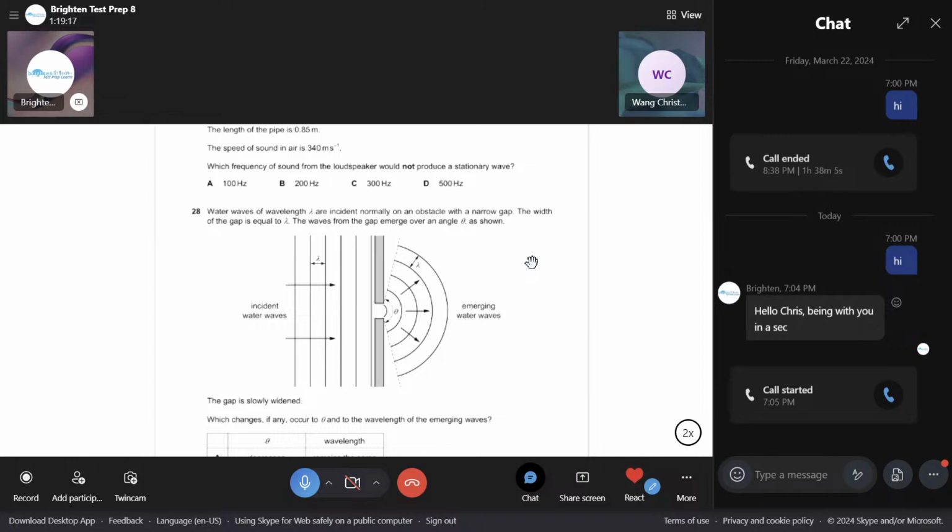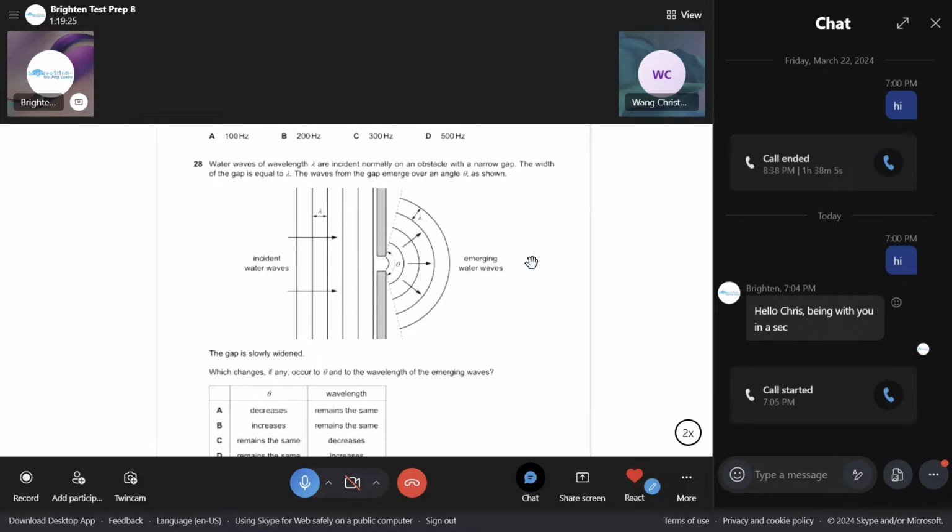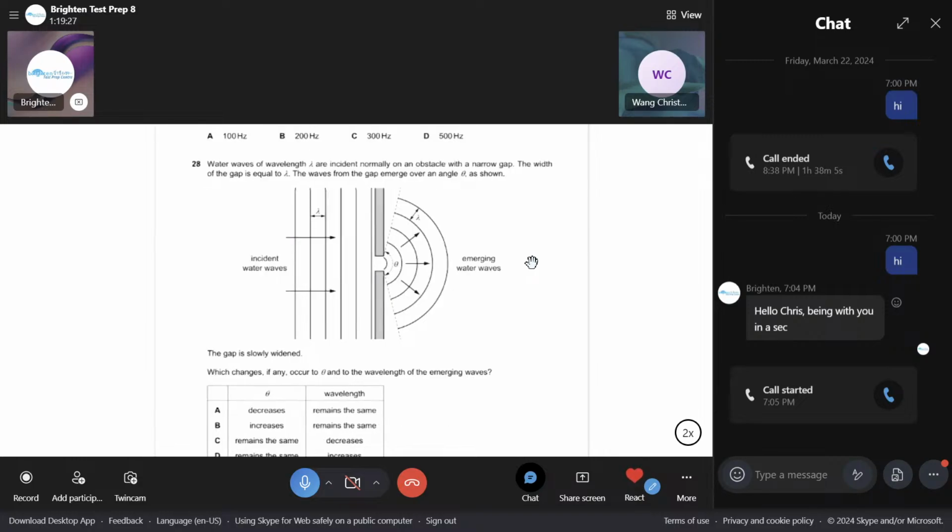Okay, moving on to number 28. So we have the width of the gap equal to the wavelength. The waves emerge accordingly, so we see the angle continues, also the wavelength distance between the waves, obviously. So which changes occur?